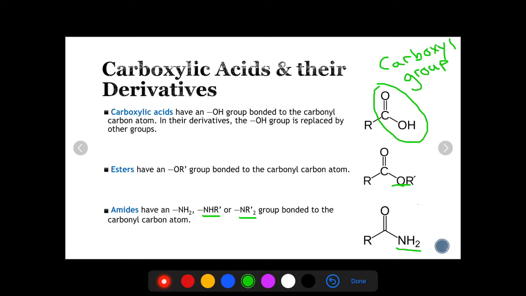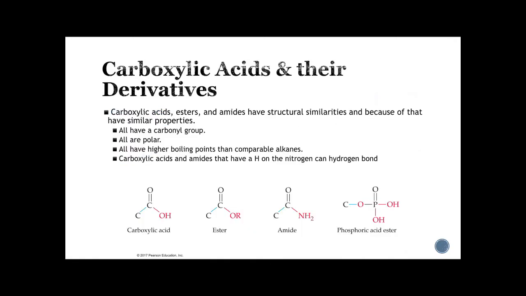So esters and amides are derived from carboxylic acids, and we'll look at those reactions later on in the chapter, but for now we're just going to talk about the properties and how to name each of these. Carboxylic acids, esters, and amides all contain a carbonyl group, and they're bonded to either an oxygen or nitrogen.